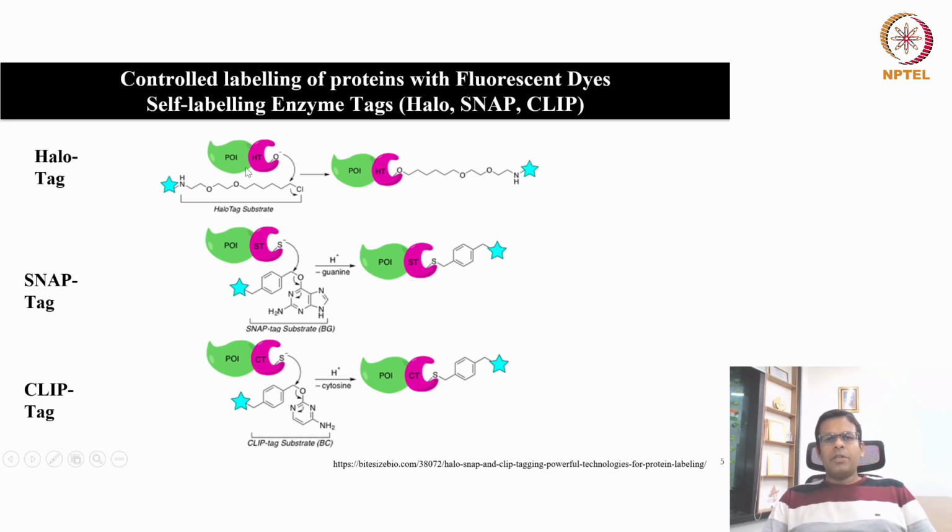So let me show you here what is halotag and how this halotag chemistry is used for controlled labeling. So this is your protein of interest, and as I mentioned, it is C-terminally fused with the halotag. So halotag is a non-fluorescent protein moiety. Okay, so the way the GFP fuses with the protein of interest, similarly you can genetically encode this halotag at the C or N terminal of your protein of interest.